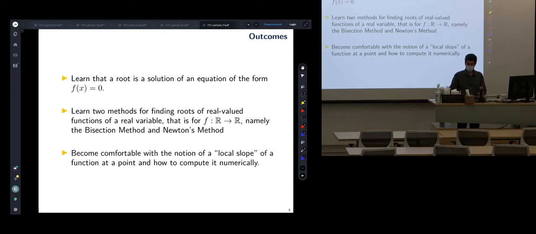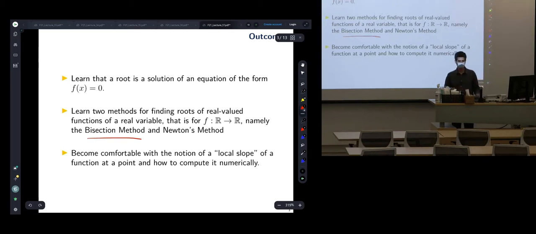So we want to talk about root finding. What does it mean to talk about a root of a function or an equation? And we want to come up with algorithms for solving that. One of them is the bisection method. It is quite intuitive and simple.